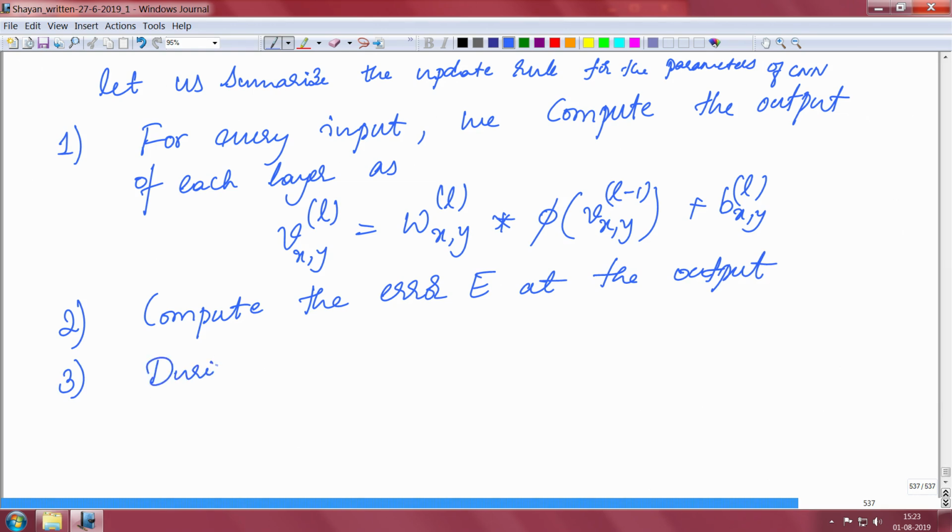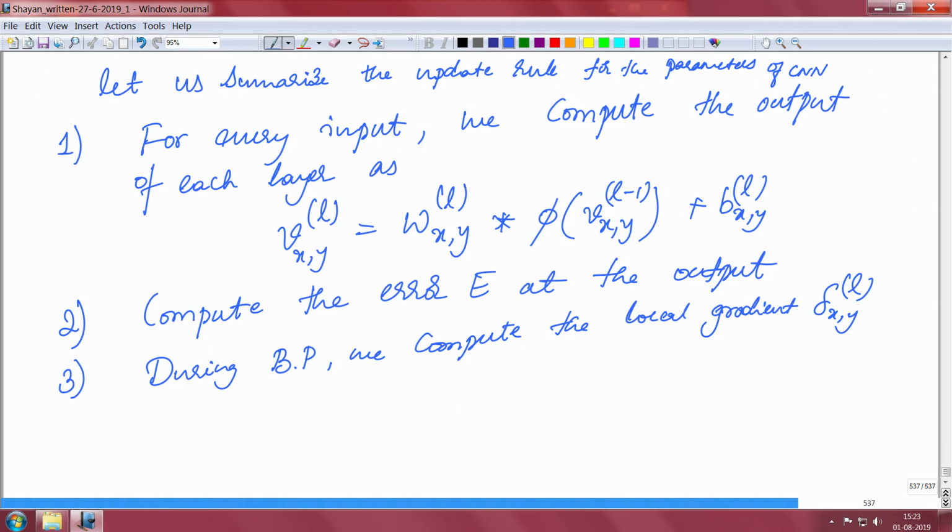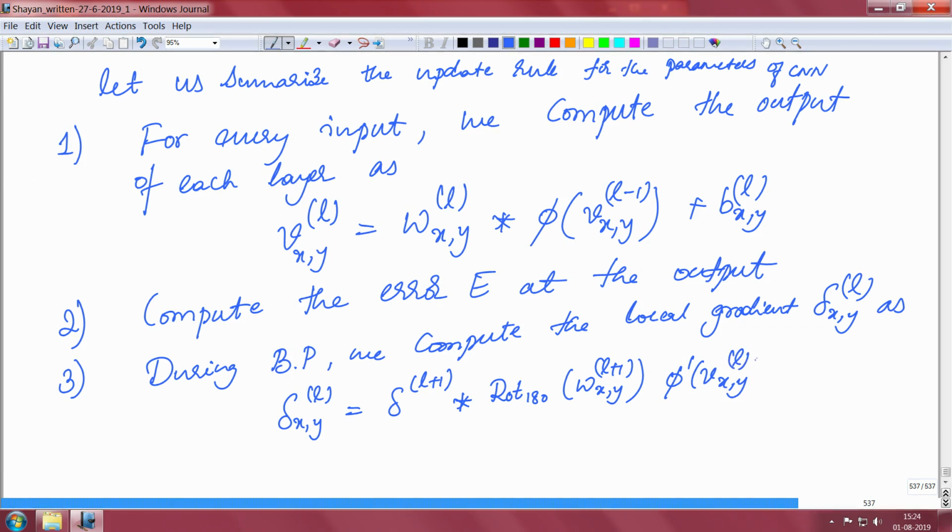So during the backward pass we compute the local gradient delta x y at the Lth layer as the convolution of local gradients from the L plus 1th layer with the 180 degree rotated weight parameters or the mask from the L plus 1th layer, along with the derivative of the activation function at the Lth layer.